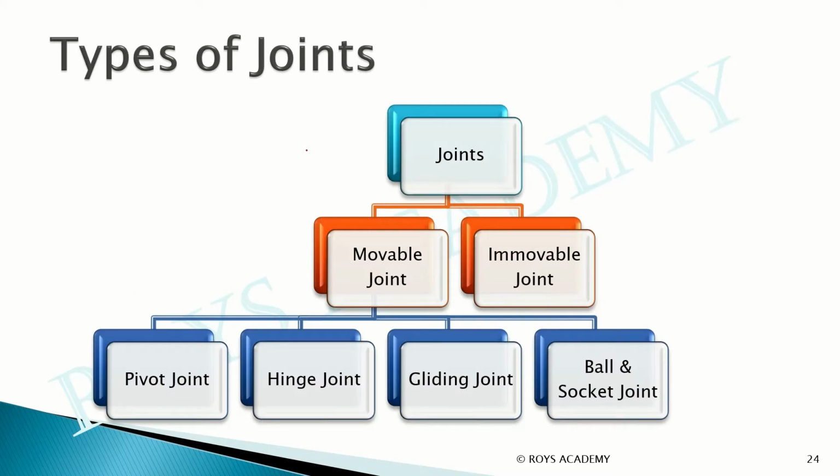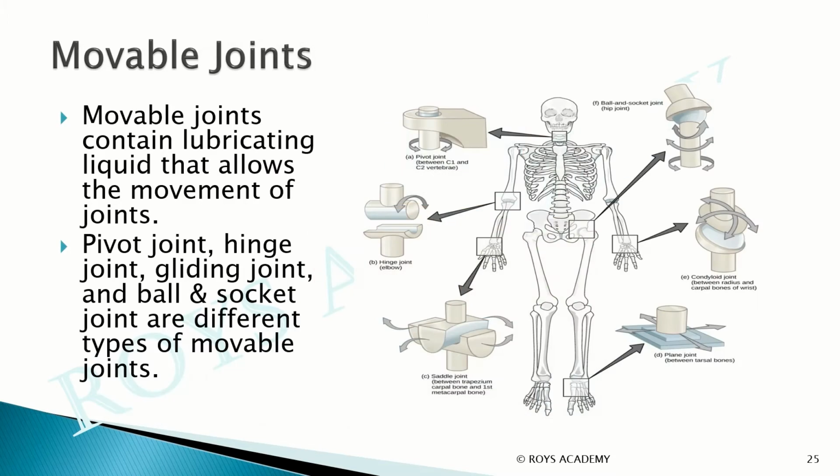There are two types of joints, which are movable and immovable. In movable joints, there are pivot joint, hinge joint, gliding joint and ball and socket joint. Movable joints contain lubricating liquid that allows the movement of joints.